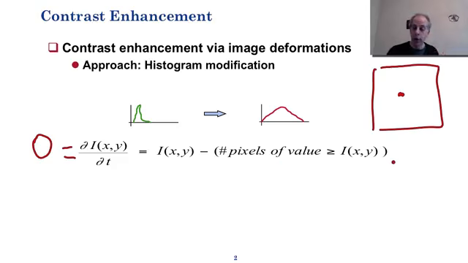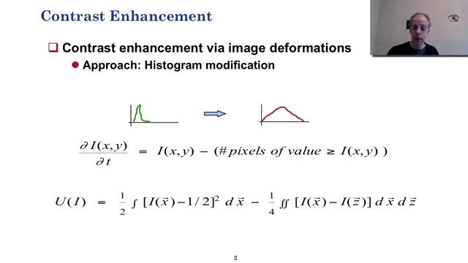Now, of course, in the same way that you can do partial differential equations, you can try to do this contrast enhancement by solving a variational problem. And here is an example of such a variational problem. Again, the art here is for you to start putting terms in the variational problem that will help you to achieve your goal.